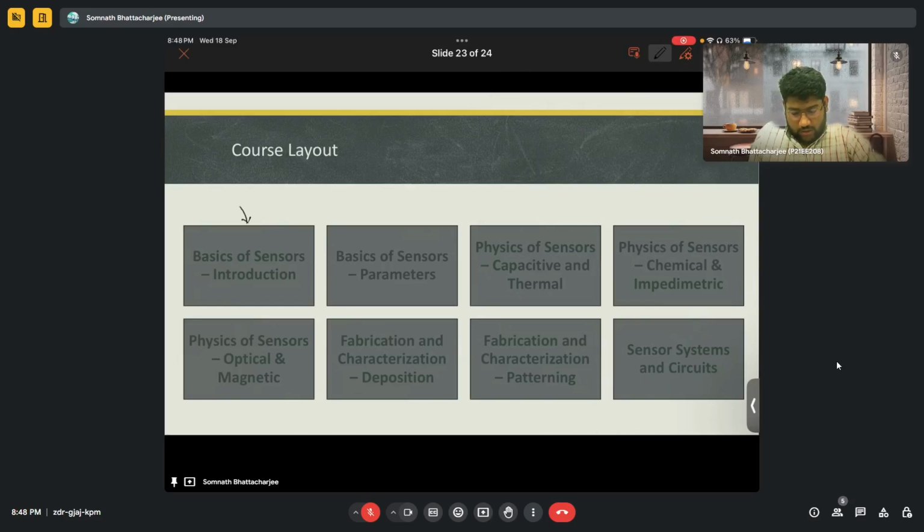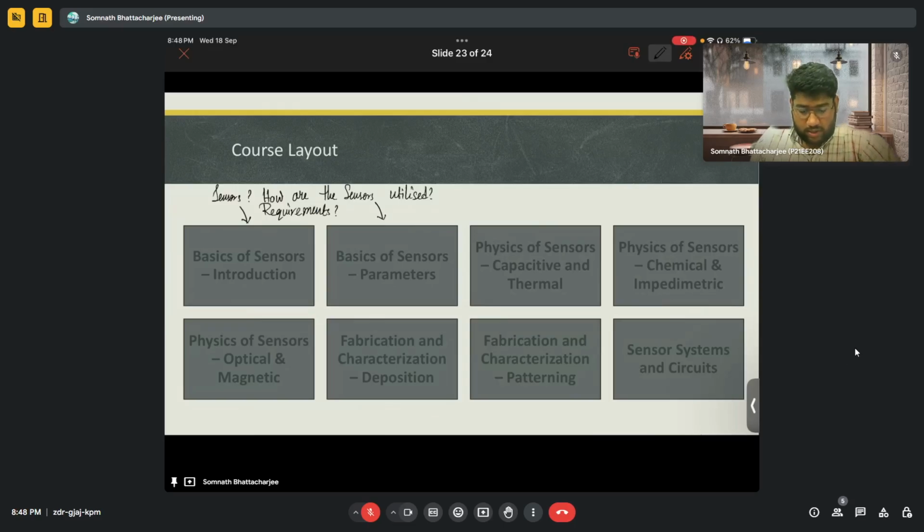The first 2 fractals were the basics of sensors, where we learned what sensors are, how sensors are utilized, and the requirements of a sensor, that is, the basic parameters we need to know for our specific requirements.